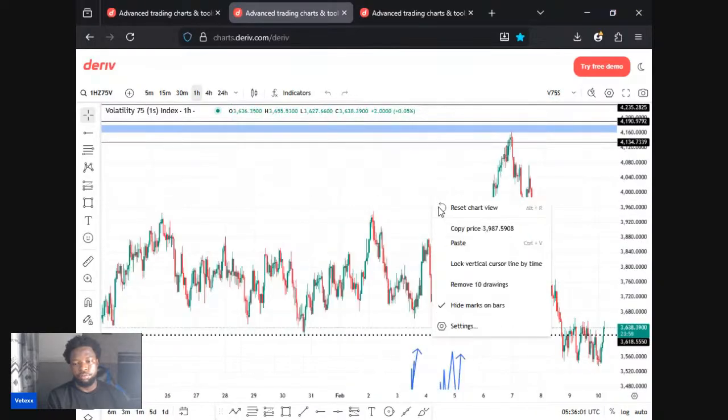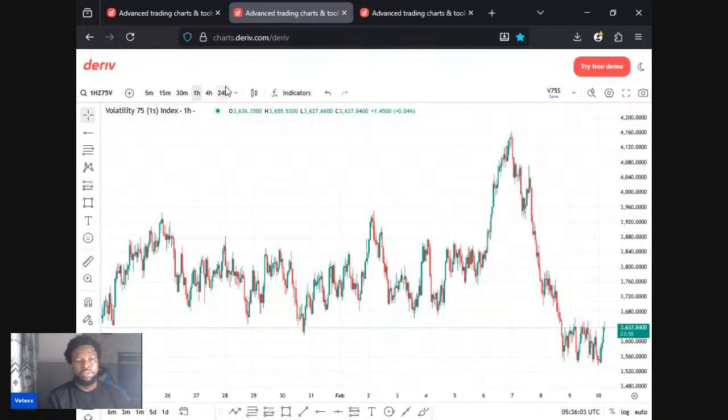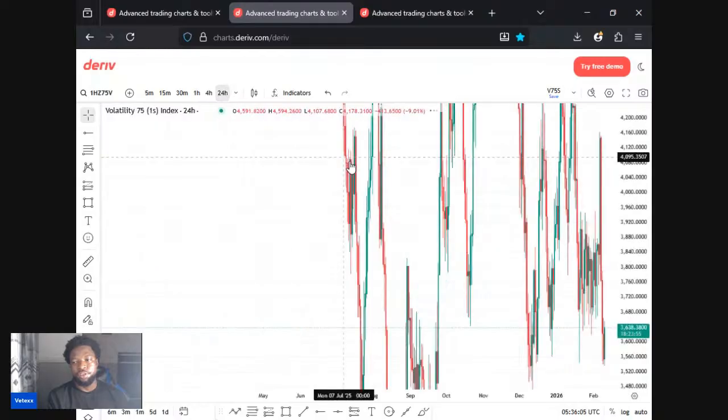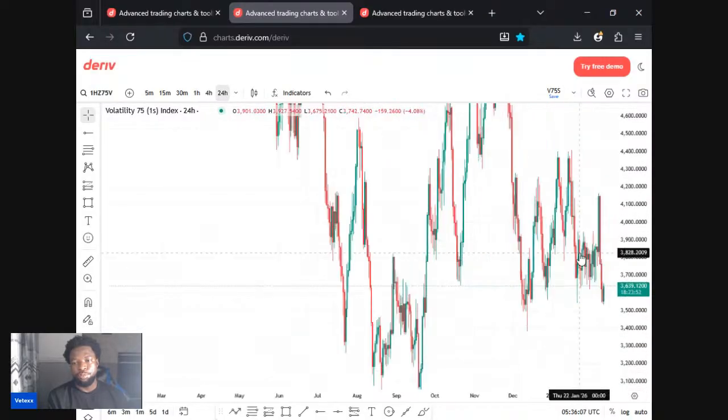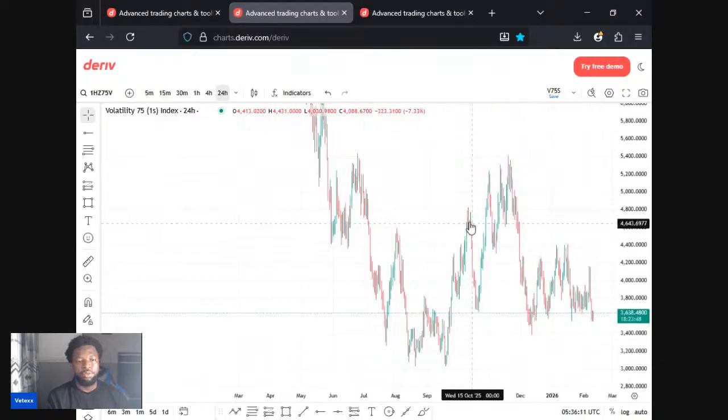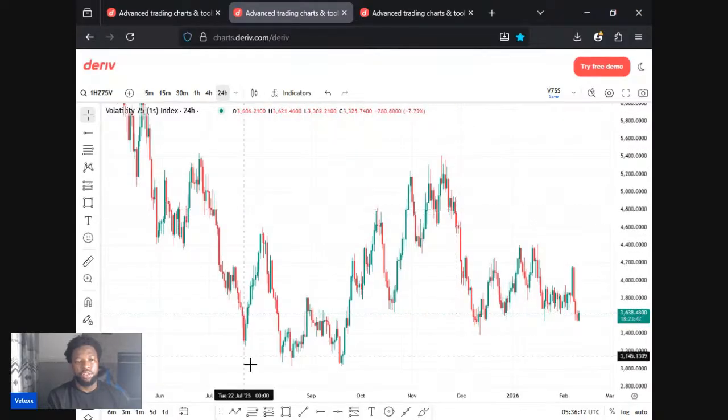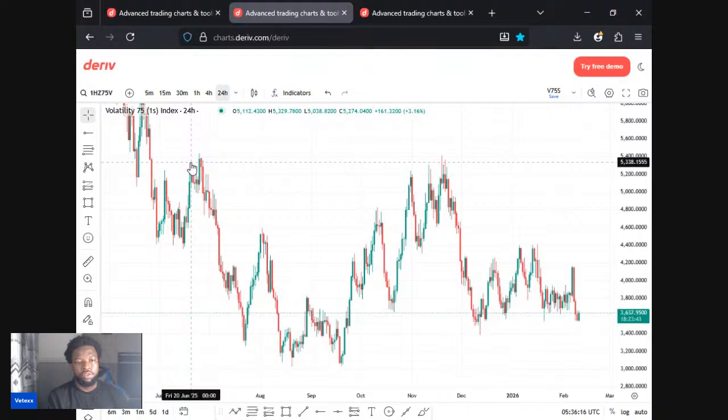Starting from the 24-hour time frame, V75s is bearish. It's really bearish. So you can see clearly we have what? First rows of the advanced market structure. We have a sweep of liquidity, which is this.